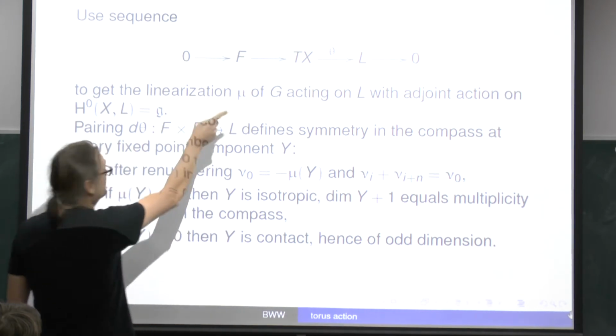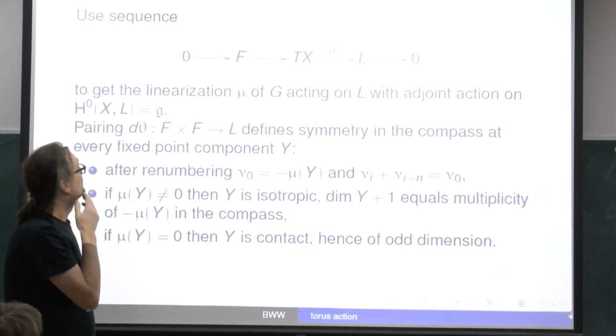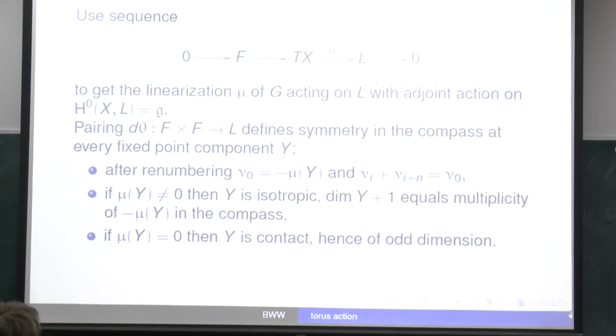So we look at the sequence which I explained. The point is, and this is the classical observation, that if you take the group of the contact automorphisms, whatever it is, it may be empty.